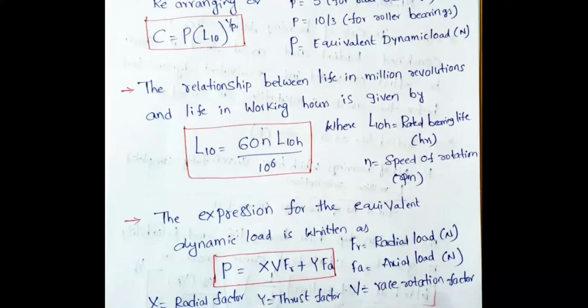Every time we vary the loading condition, your result will vary. So that is the reason why we are considering the service factor, right? Those service factor values also we can normally consider as 1. Otherwise, depending upon the application, we will consider from your data book. There is no worry. But the normal relation is P equal to X into V FR plus Y into FA.